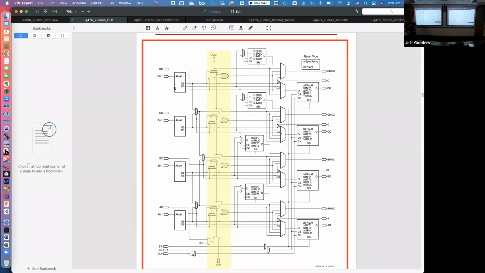Okay. And at some point in the past, between Series 4 and Series 7, I don't remember where it happened, they said, oh, we're going to add 4 more flip-flops inside a slice because that will help customer designs fit a little better and run a little faster. So you now have 8 flip-flops and 4 LUTs.